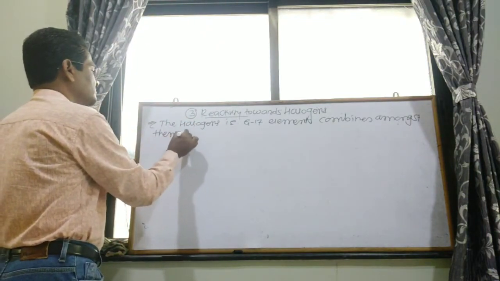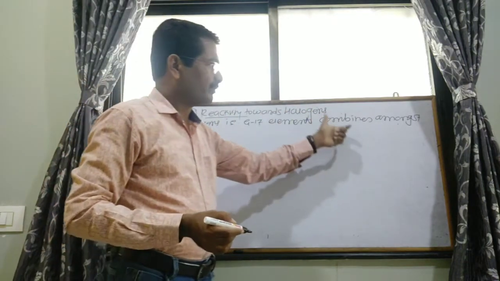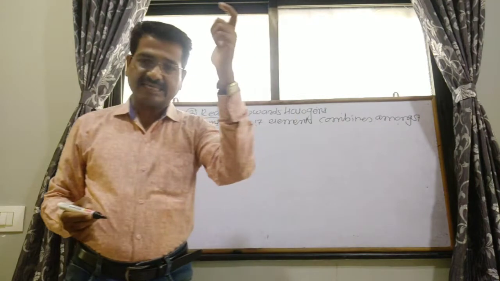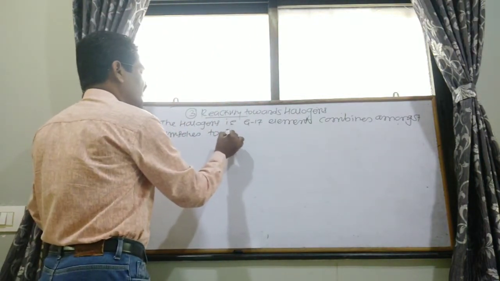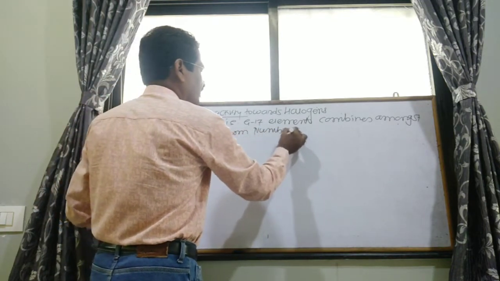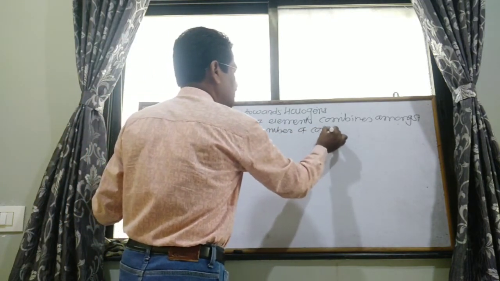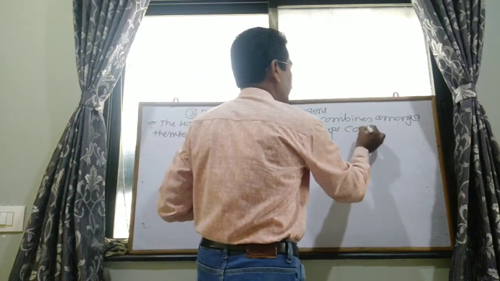The halogens combine amongst themselves to form a number of compounds, called interhalogen compounds.